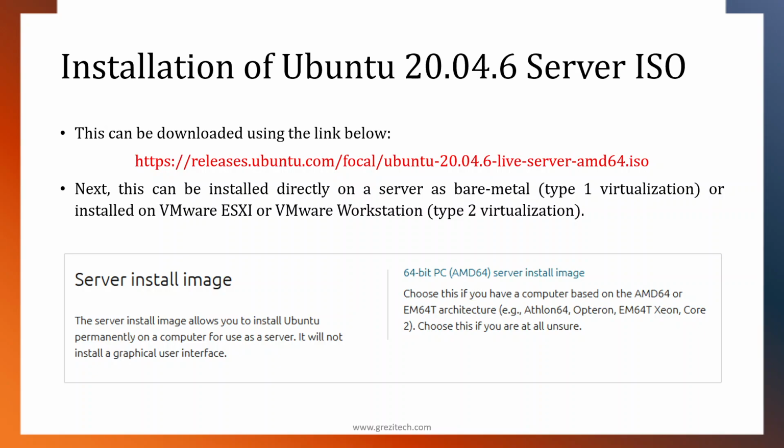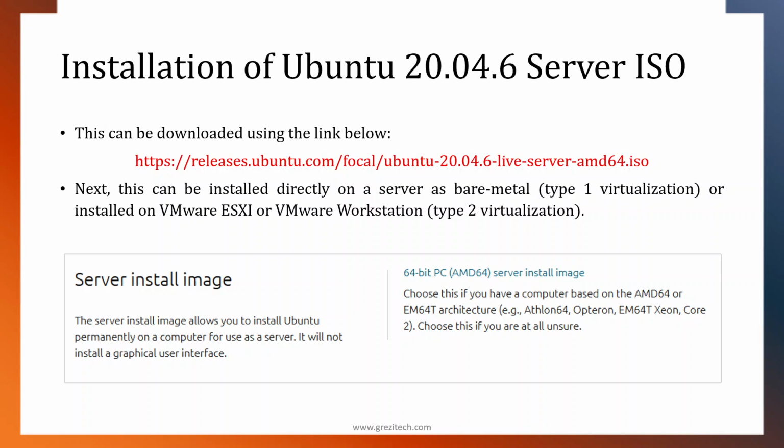In your type 2 virtualization, usually you would want to install the host operating system. As an example, you might want to install Windows 10 or Windows 11. Then after the installation of your Windows 10 or 11, you can install a hypervisor like your VMware ESXi. You can install your VMware Workstation.